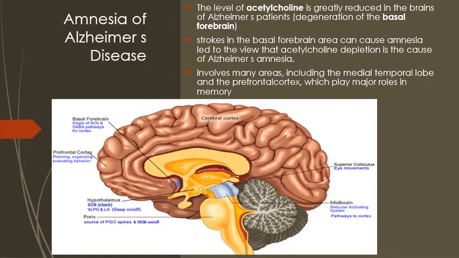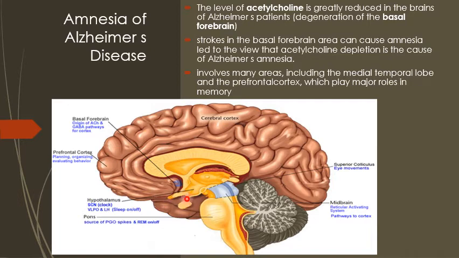So what brain structures are responsible for amnesia of Alzheimer's disease? The level of acetylcholine, a neurotransmitter, is greatly reduced in the brains of Alzheimer's patients. There is degeneration of the basal forebrain. This is the basal forebrain here.